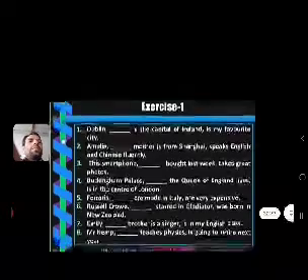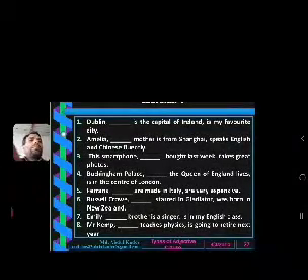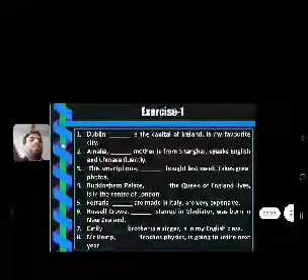Next, this smartphone I bought last week takes great photos. What should be used? This smartphone, which or that, because we are referring to a thing here. Smartphone is a thing. That's why we can write either which or that.